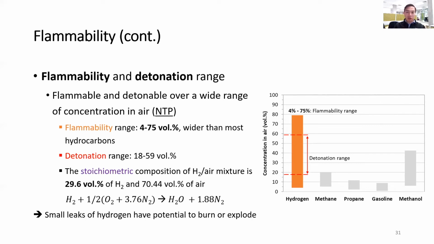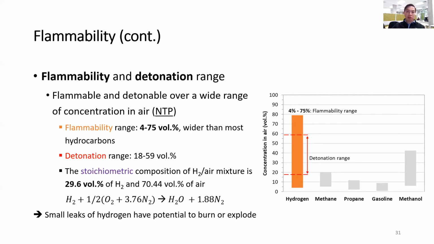So there is complete combustion to form the product, and nothing is left over. All of the fuel and the oxidizer react completely. That value for the hydrogen and air mixture is 29.6 volume percentage, so it's within the flammability range and detonation range of hydrogen.